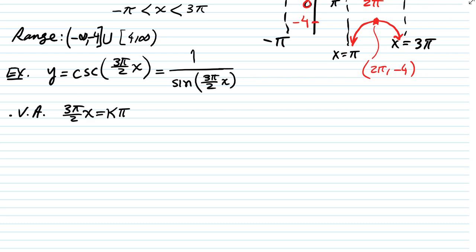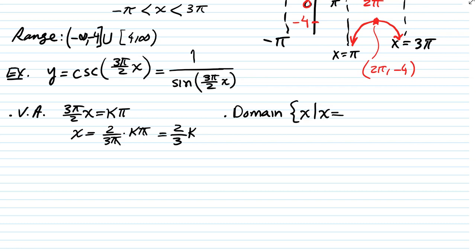Multiply both sides by the reciprocal of 3 pi over 2, that's 2 over 3 pi, to isolate x. 2 over 3 pi times k pi. The pi's cross out, so that's just 2/3 k. Those are the vertical asymptotes. Therefore, the domain is going to be all x, such that x may not equal 2/3 k.